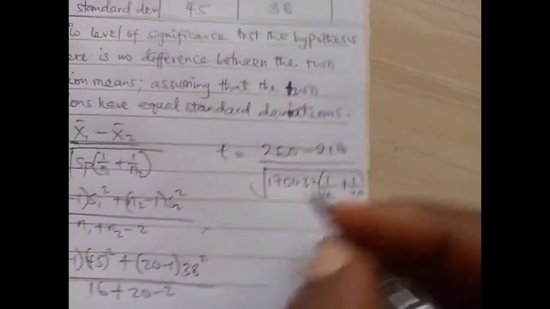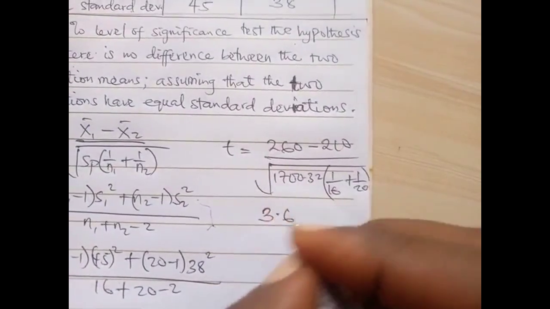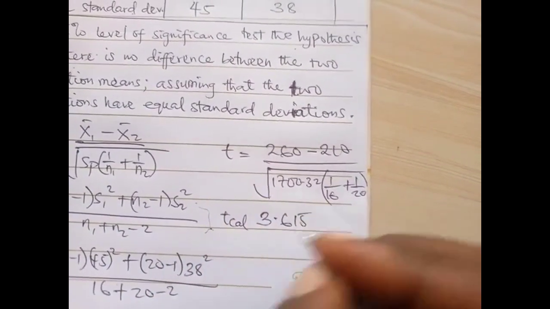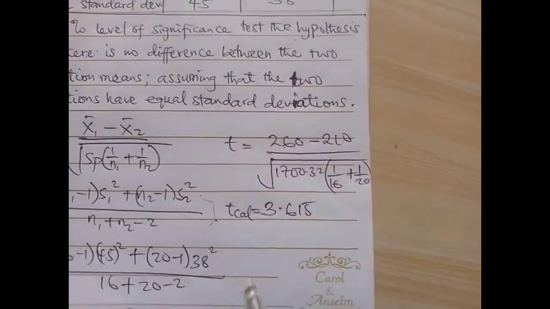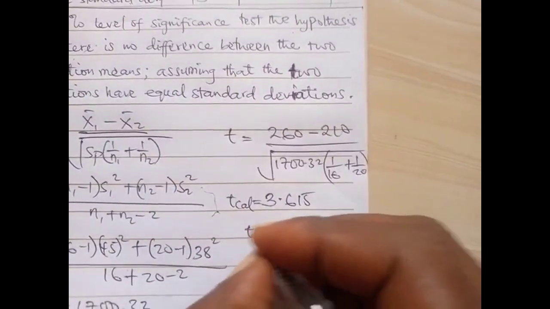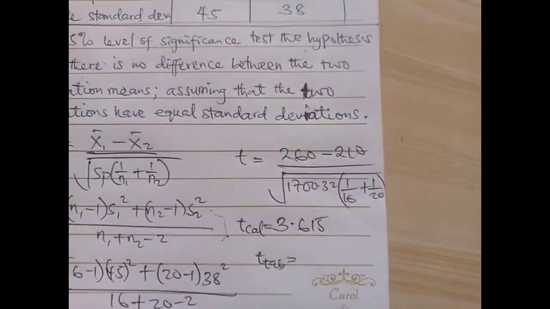If we resolve all of that with a calculator, we're going to get 3.615 approximately.